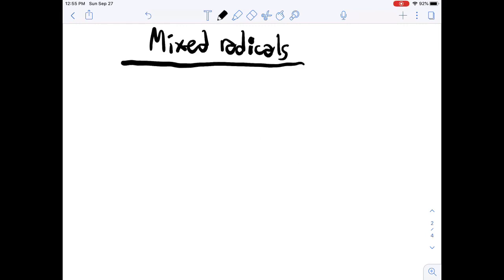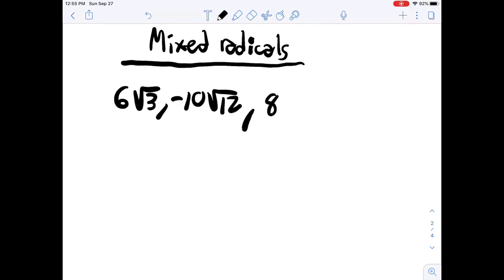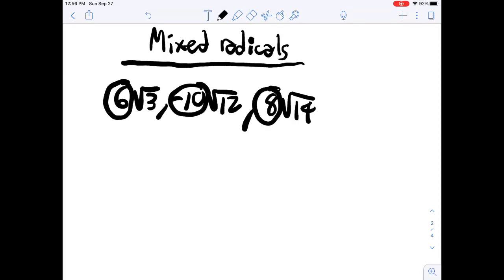And these are examples of mixed radicals. So one thing you'll notice that's different about these than the entire radicals is that they have a number in front of the radical, like the ones I've circled.